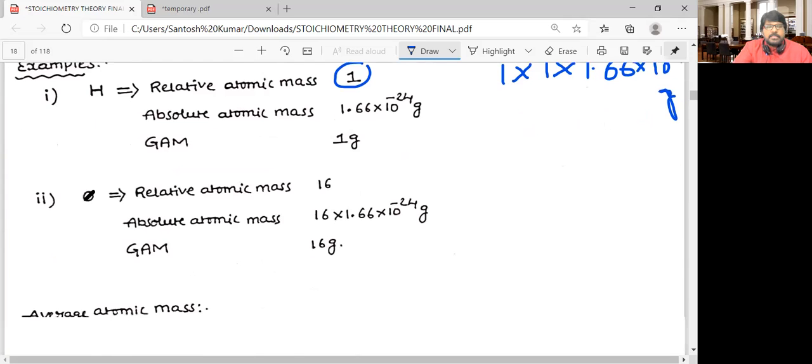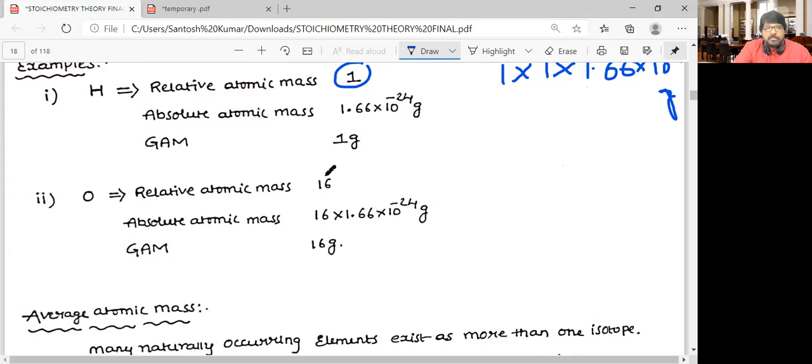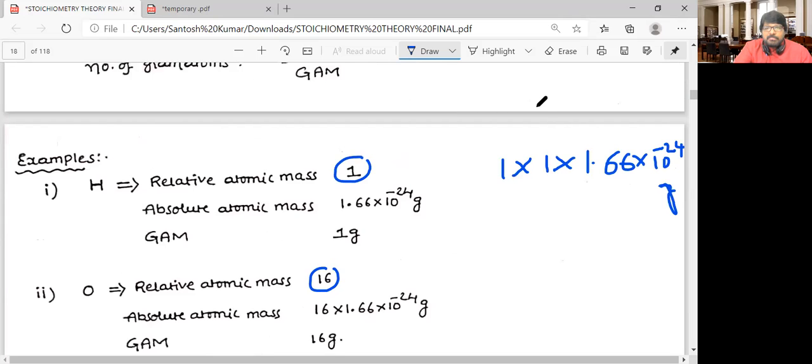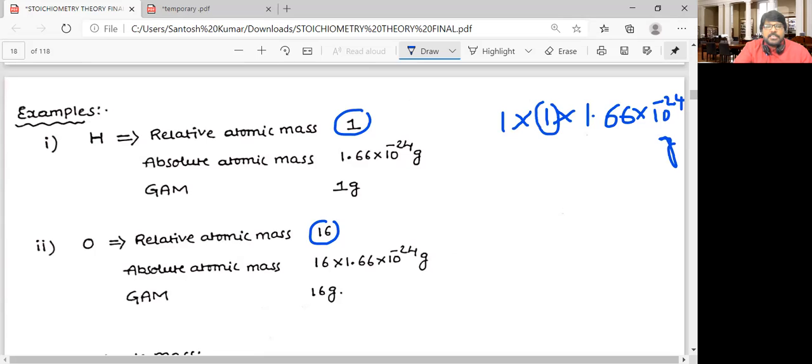And oxygen, if you take, relative atomic mass of oxygen is 16. Absolute atomic mass of oxygen means 16 into 1 into 1.66 into 10 power minus 24. Why this one every time? That is the definition of AMU according to IUPAC. So absolute atomic mass of oxygen is 16 into AMU weight. AMU weight, how many AMUs? 1 AMU. So that is 1.66 into 10 power minus 24.